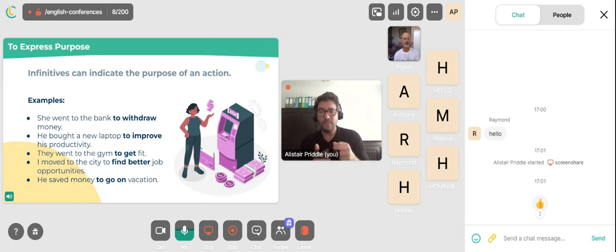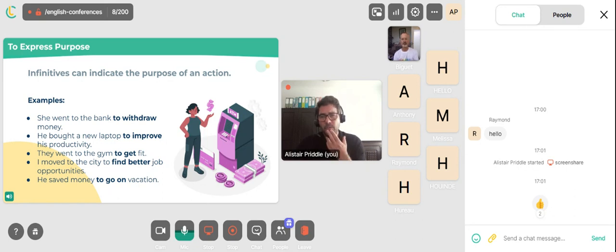He bought a new laptop to improve his productivity. They went to the gym to get fit. I moved to the city to find a better job or to find better job opportunities. He saved money to go on vacation.